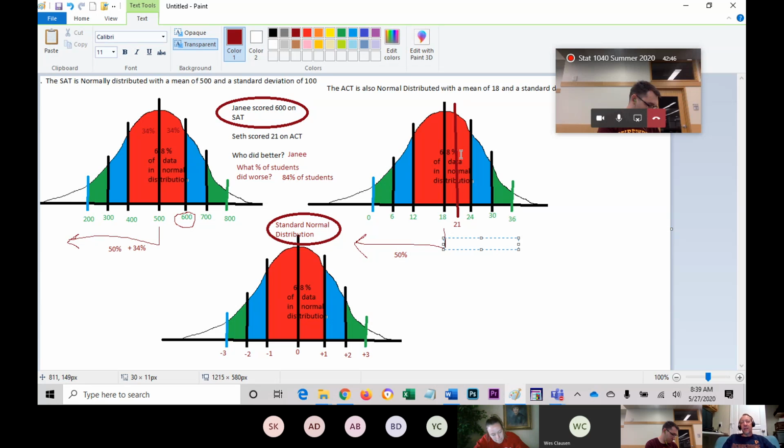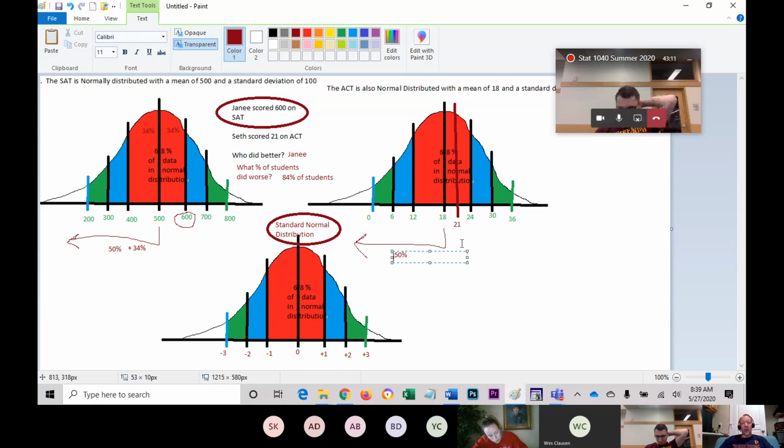Well, we know it's less than 34%, and you might be tempted to say, well, I'm going to split that in half. No, don't do that, because the problem is it's a curve, it's not a straight line. So we know that he scored better than 50% of students, but he didn't do as well as 84% of the students. So the answer is between 50 and 84.